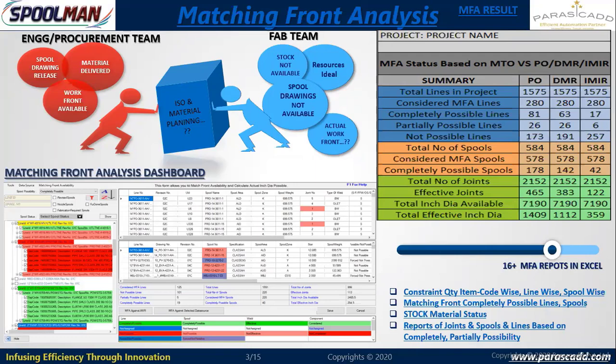This is a clear-cut justification for both teams. Drawings are there, material is there, but they are not matching, or only 20% of the cases are matching. So everyone will be in clear agreement, and we give results up to joint level. I can say this joint in this spool on this line you can fabricate. Up to that level it will be 100% accurate analysis.